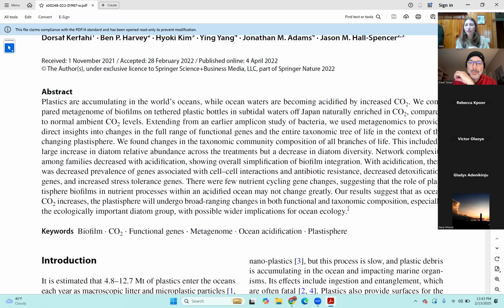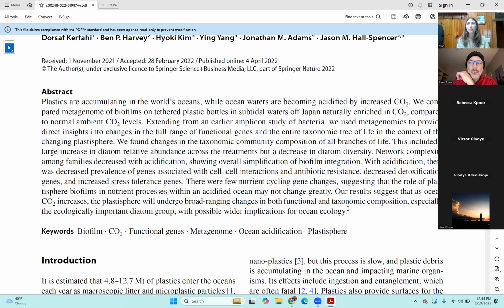We know this as a scientific community, and the ocean waters are becoming more acidified because of carbon dioxide. That's okay. But I do think it is general and then moves right into what they did without discussing where this could be going.